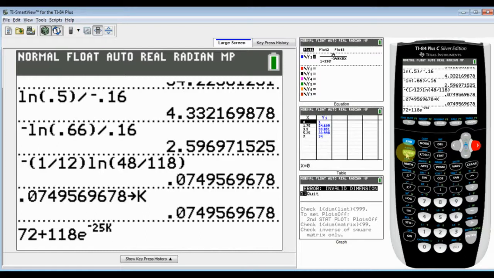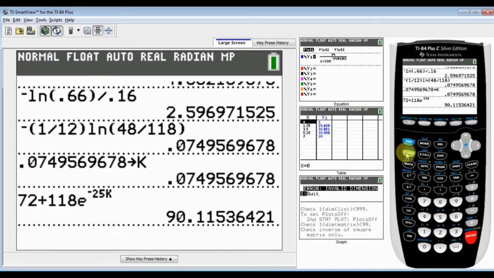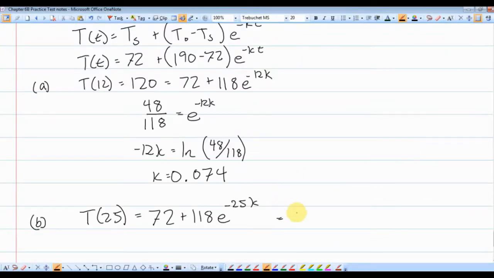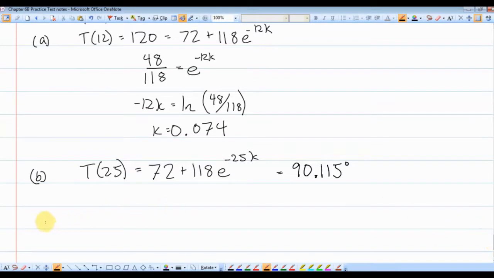Oh yeah, I should have done that. 90.115. That's just what it is. Be smart about your calculator. C.